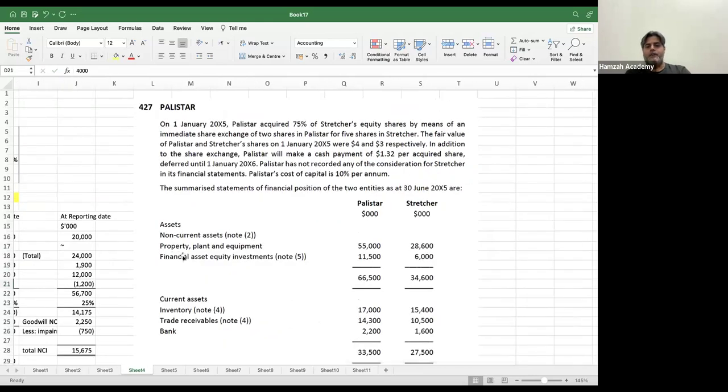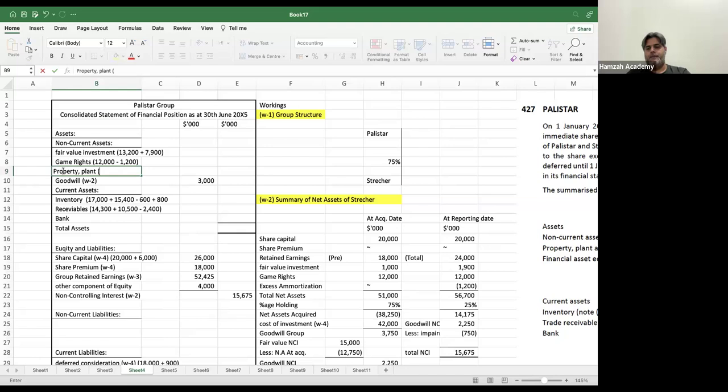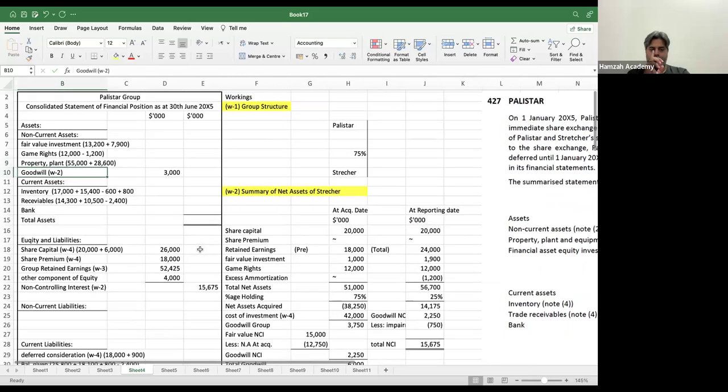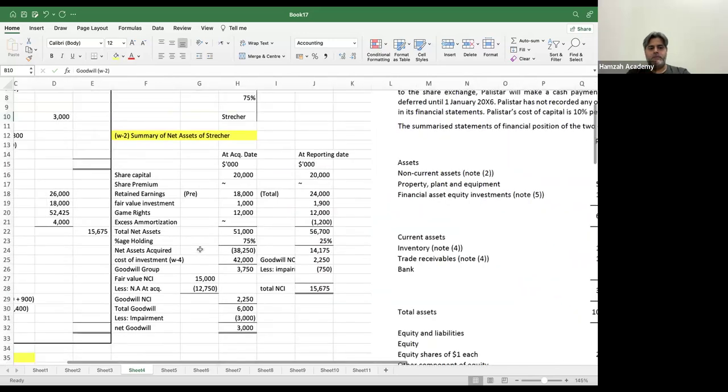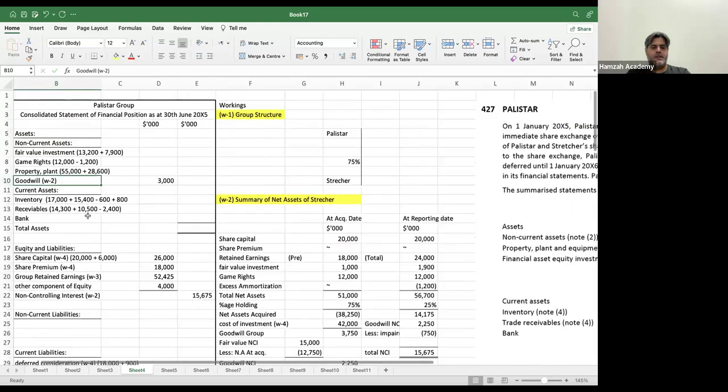Non-current assets, property, plant, and equipment, 55,000 and 28,600. Property, plant, 55,000 and 28,600. Okay, then what about the bank? 2,200 and 1,600.